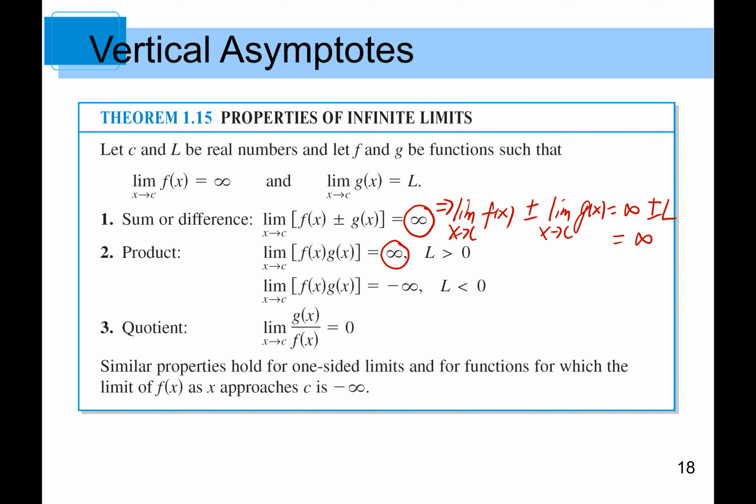And for this one, separate into the limit of f of x times the limit as x approaches c of g of x. We have infinity times L, still infinity, in this case when L is greater than 0. When L is less than 0, then it becomes negative infinity, right?